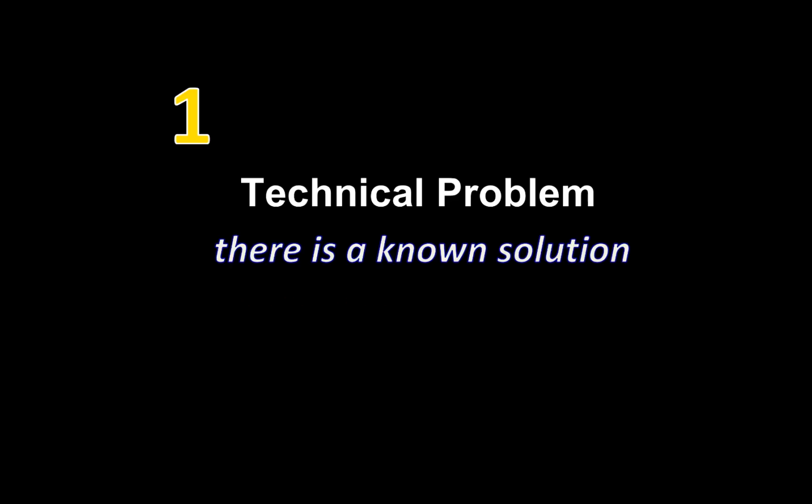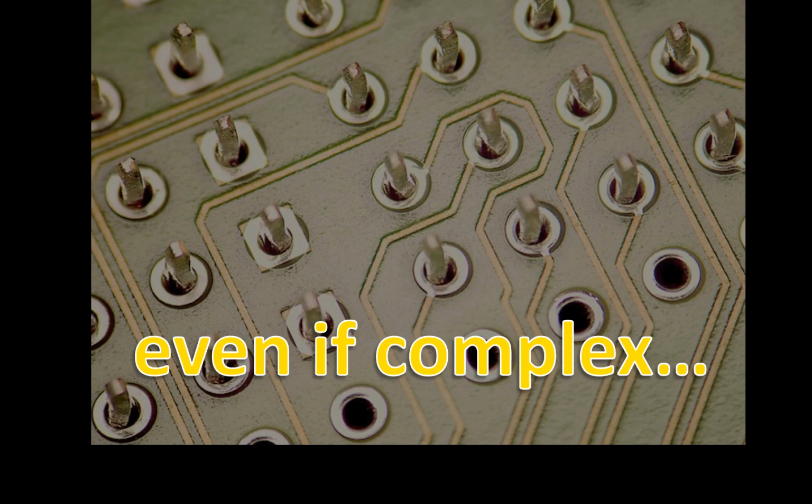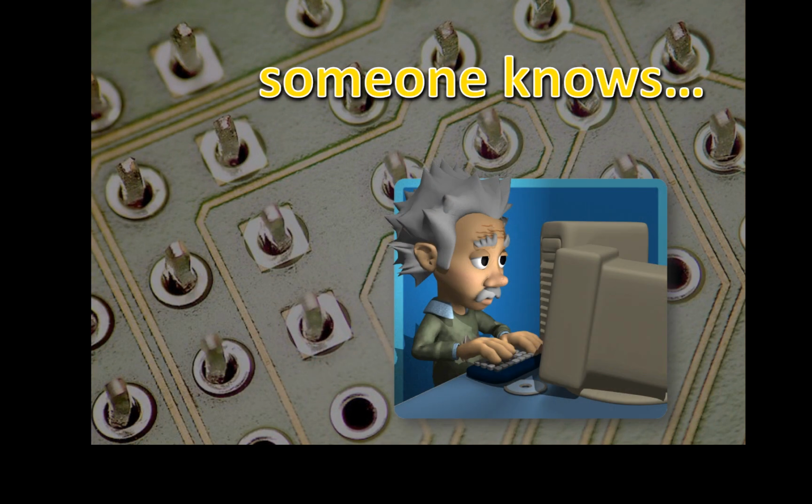A technical problem is one in which there is a known solution. One example is when you must use a totally new software or a totally new system. Maybe the software is really complicated and complex, but even so, somebody knows how to use it.